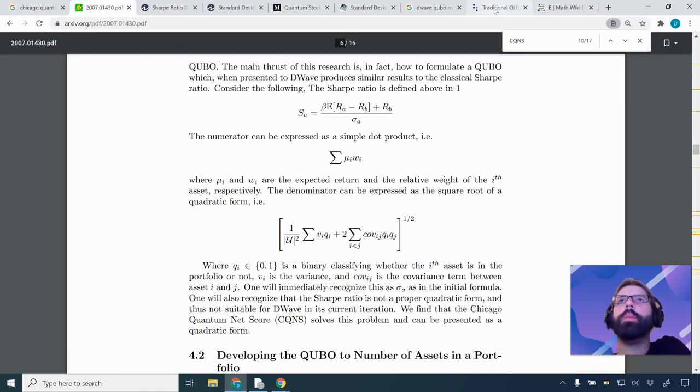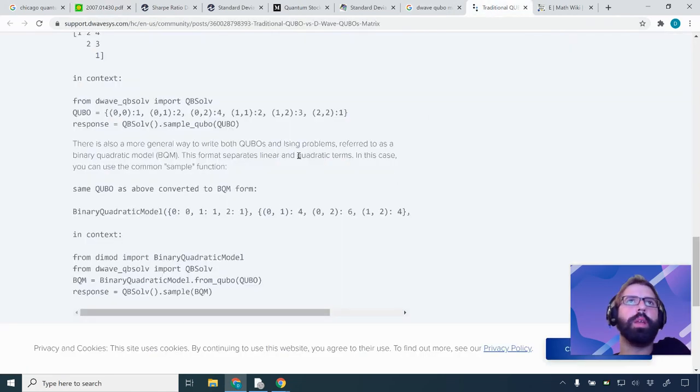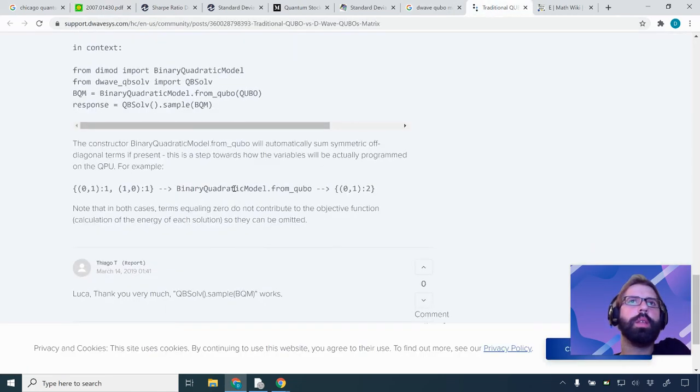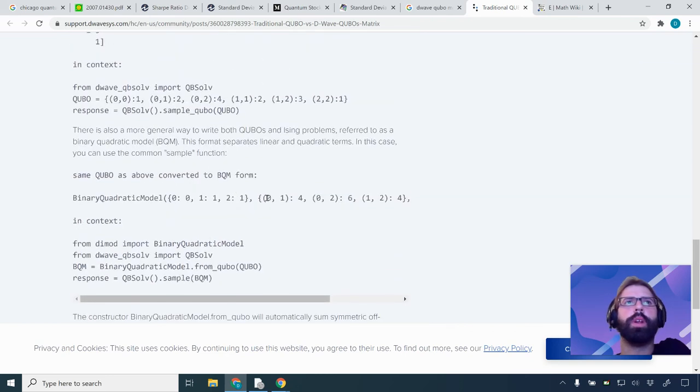See, I'm not entirely sure I get the whole QUBO thing yet, but those are the quadratic terms, I guess. Right? So in this case, the term is the sum of the variance and the variance of asset 0.